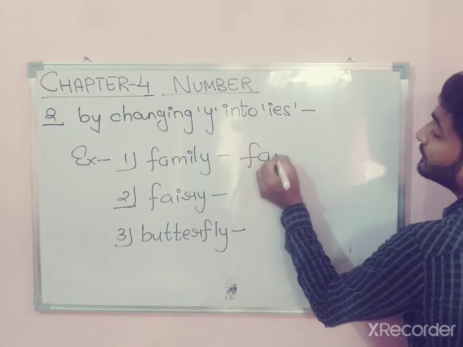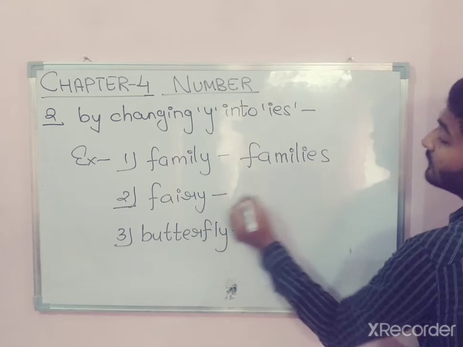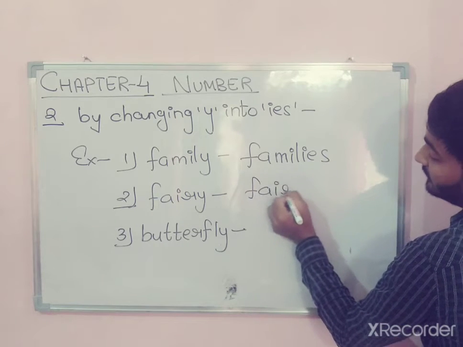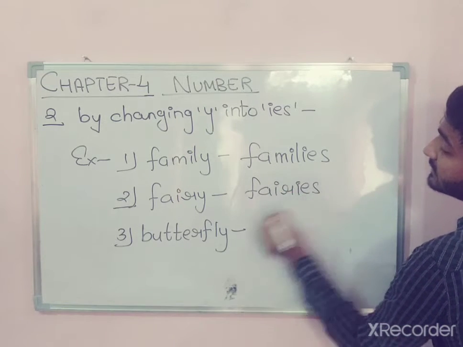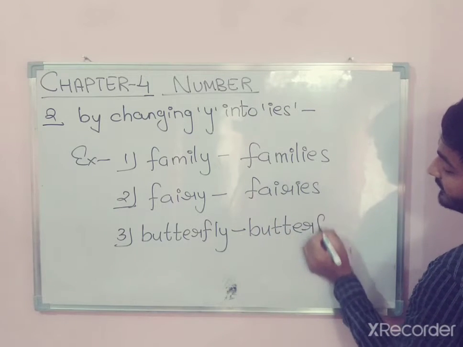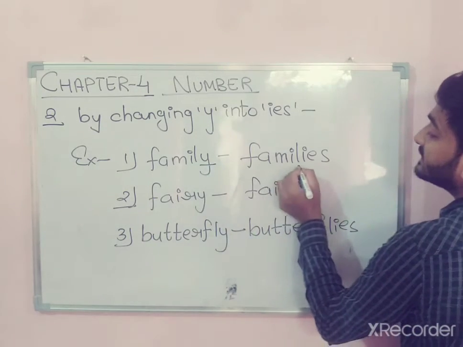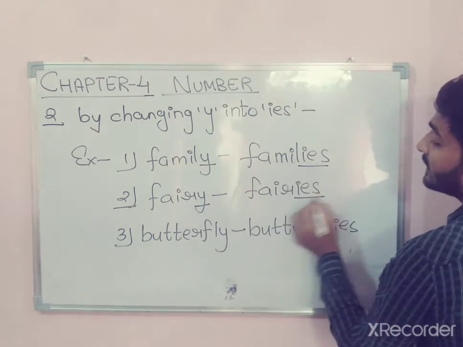Family becomes families, fairy becomes fairies, and butterfly becomes butterflies. Now you can see we are replacing y with ies.